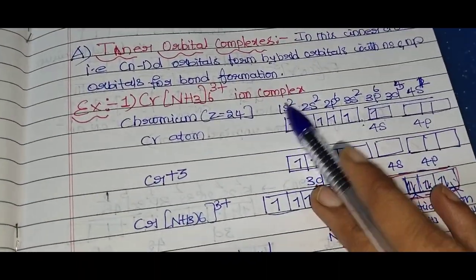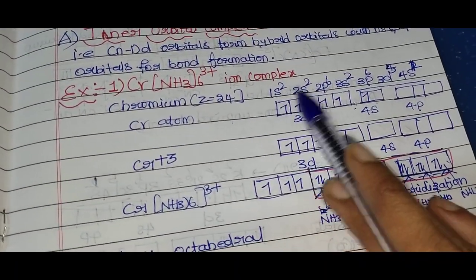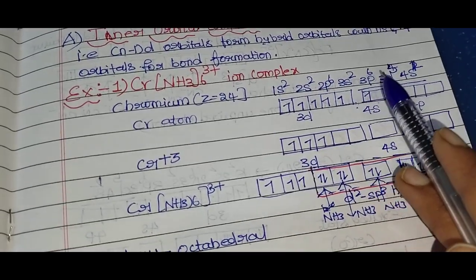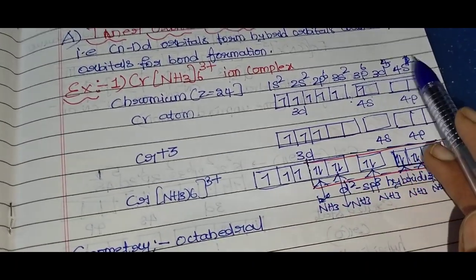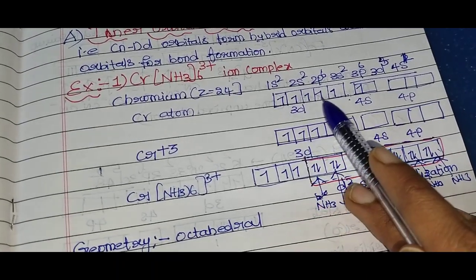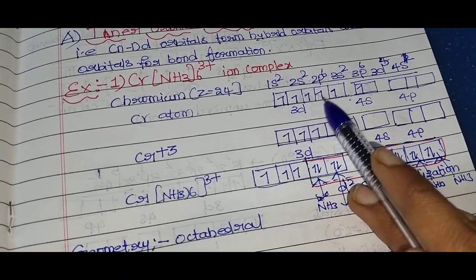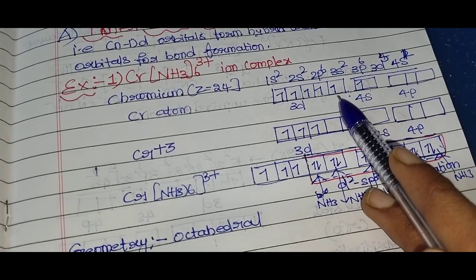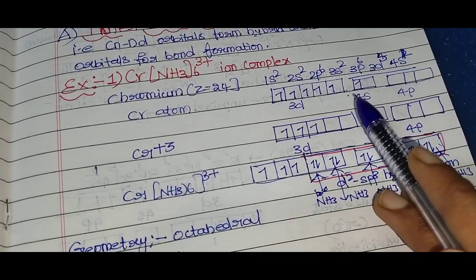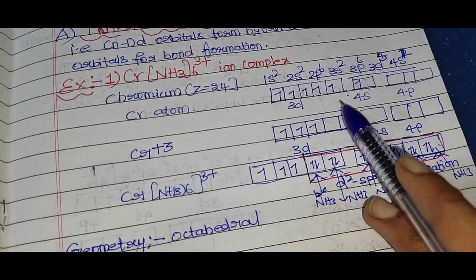The electronic configuration is 1s2, 2s2, 2p6, 3s2, 3p6, 3d5, 4s1 in the ground state. In 3d5, the five electrons are singly occupied first, according to Hund's rule and Pauli's exclusion principle, with lower energy orbitals occupied first.